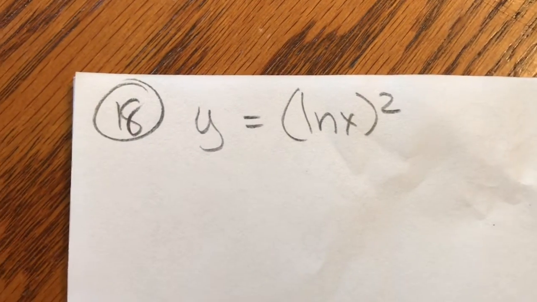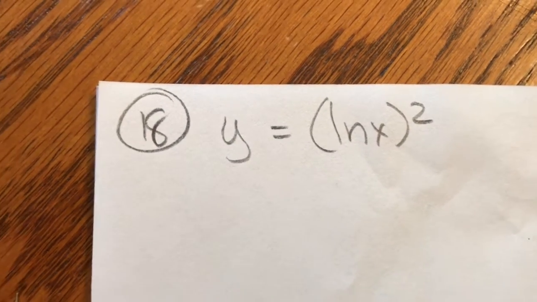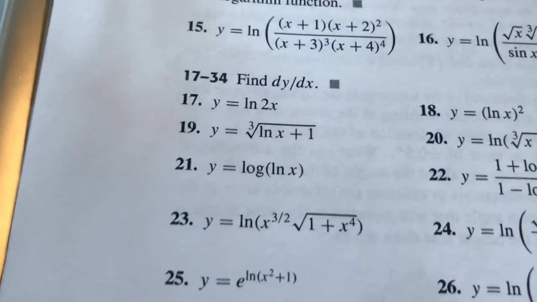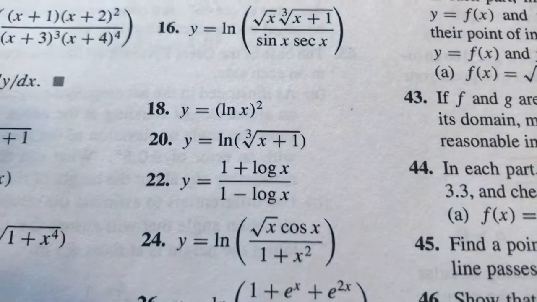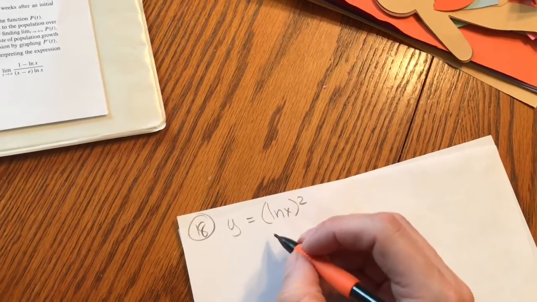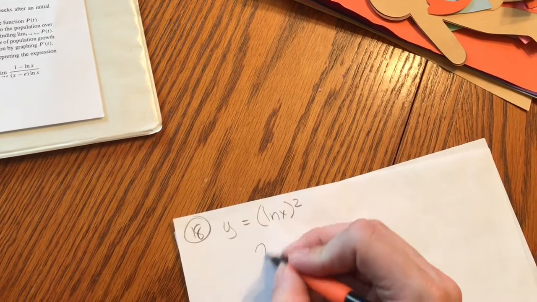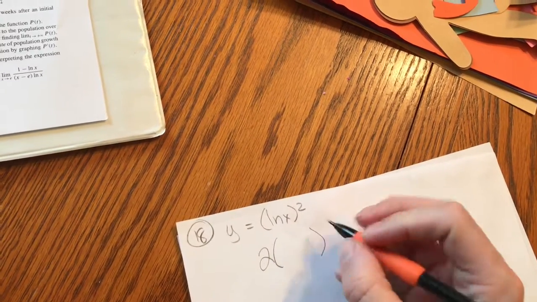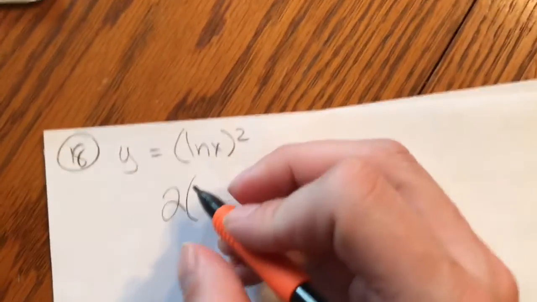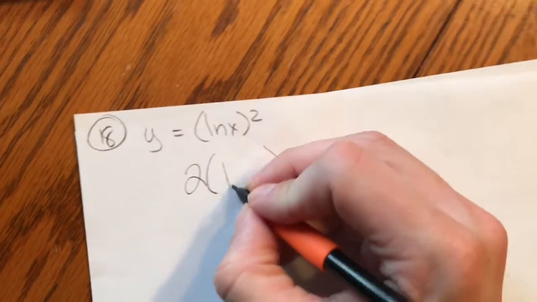All right, the second problem, problem 18 from page 229. I'm simply being asked to find the derivative of y equals (ln x) squared. Chain rule: take the derivative of the outside, which means you bring the 2 down. That becomes 1. Keep the inside.